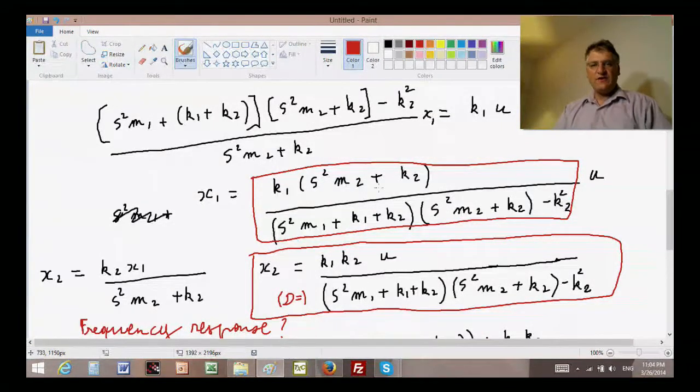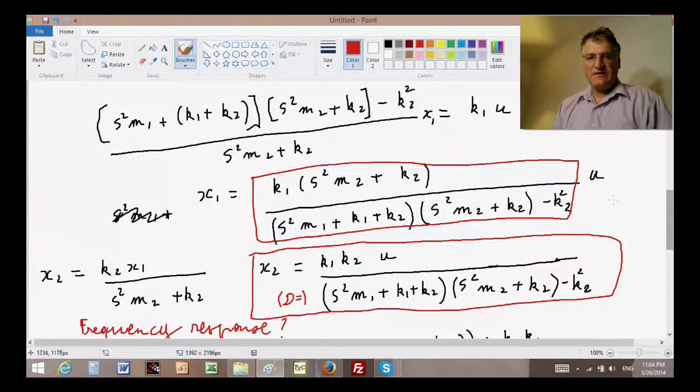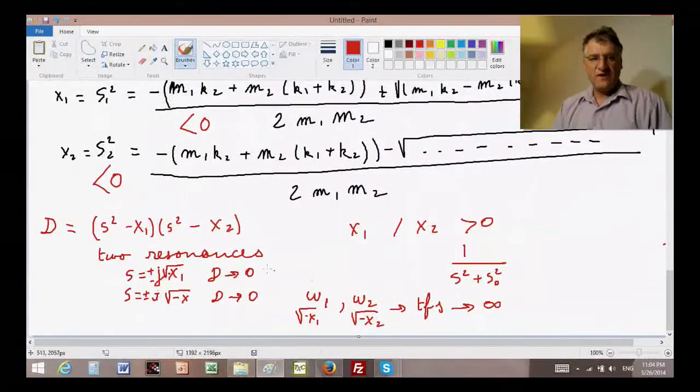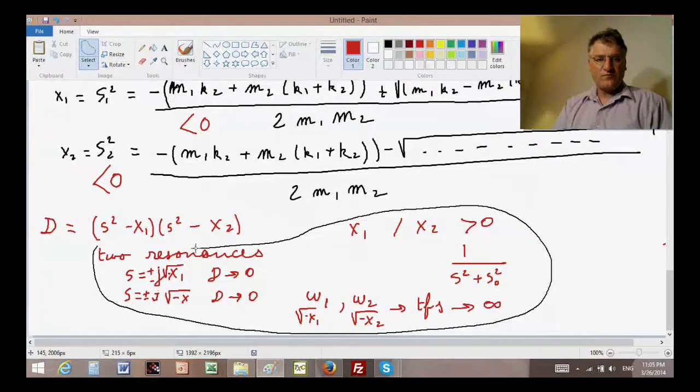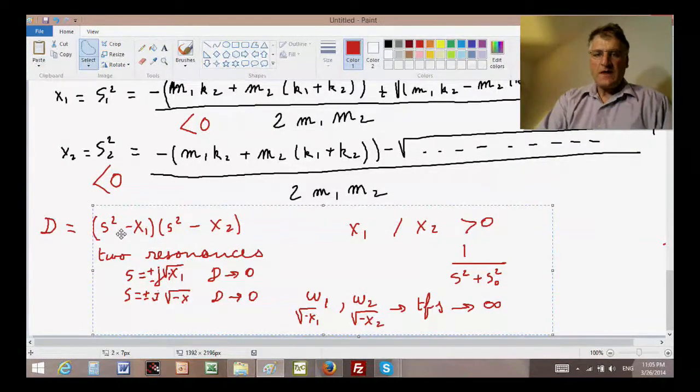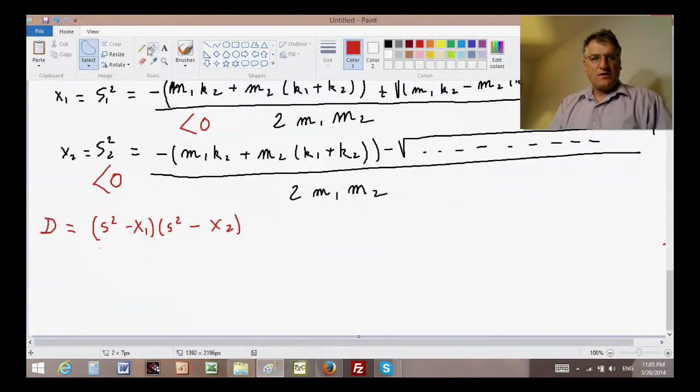Now, x1 has an interesting term on top, and this term is s squared m2 plus k2. So I will look at that term, which again is s squared times m2 plus k2.